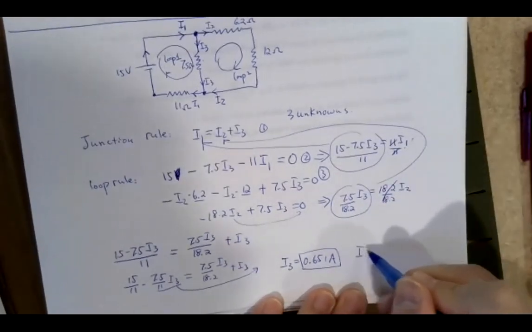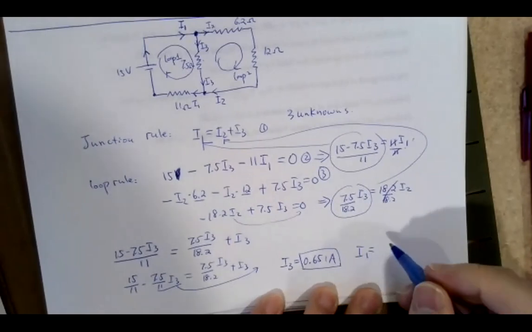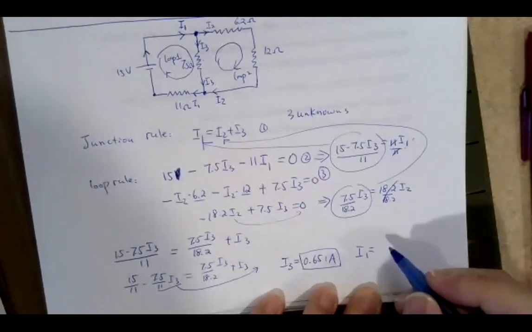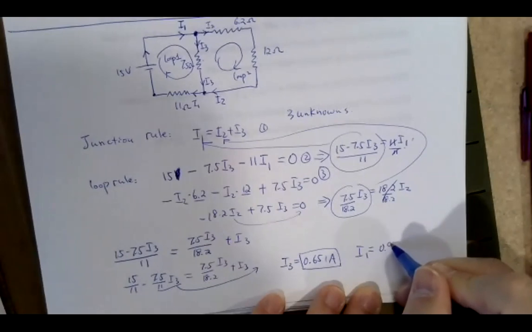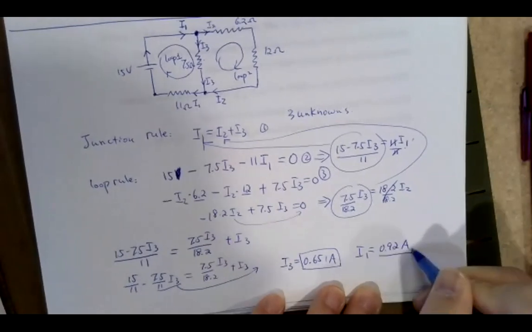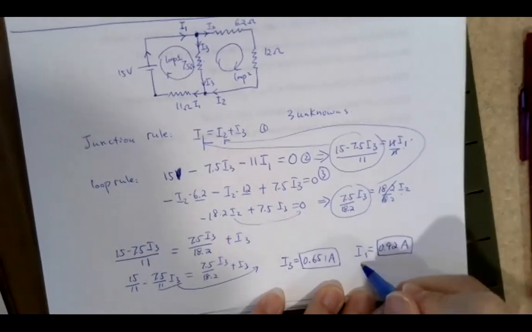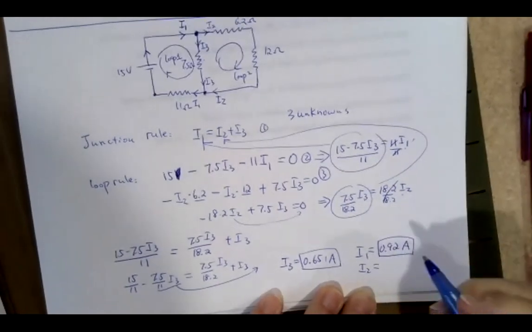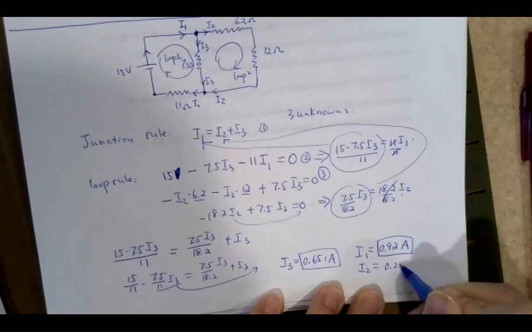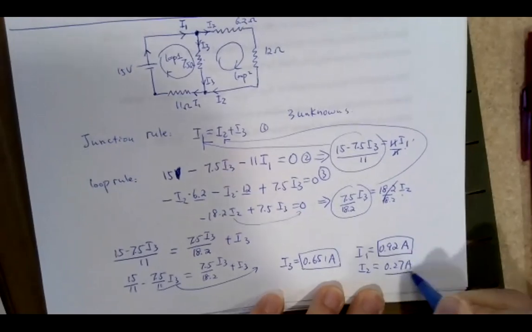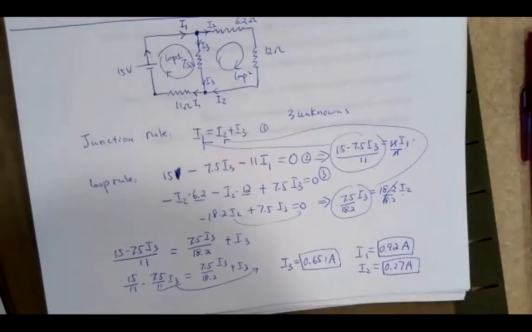That will be equal to 0.92 amps. And similarly, put I3 here and you can solve for your I2. So I2 will be equal to 0.27 amps.